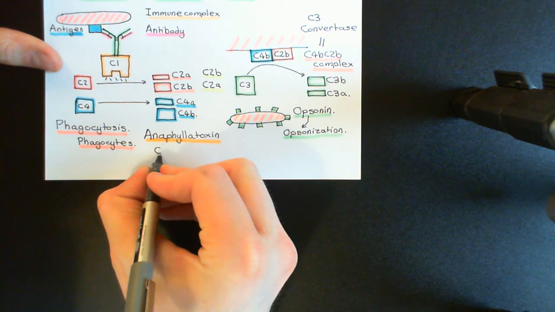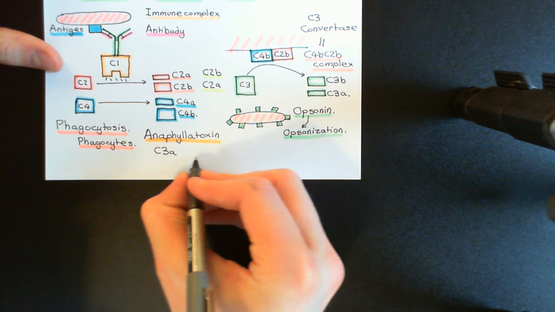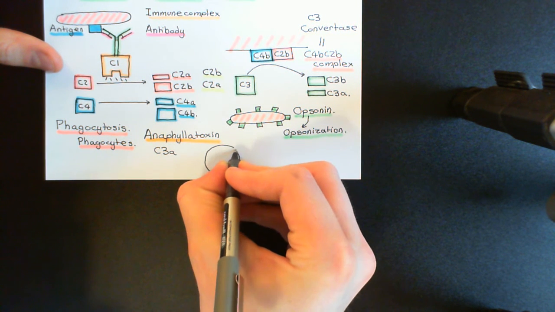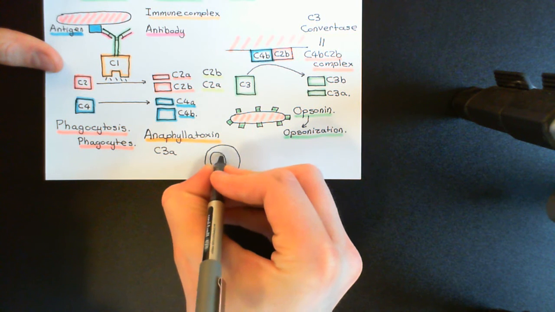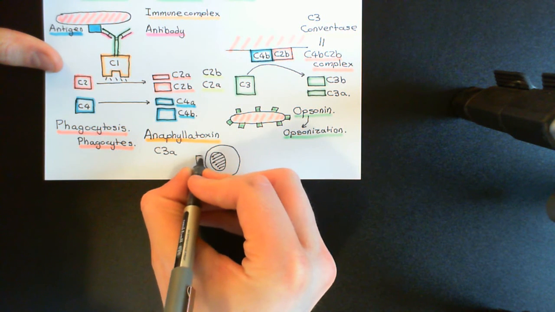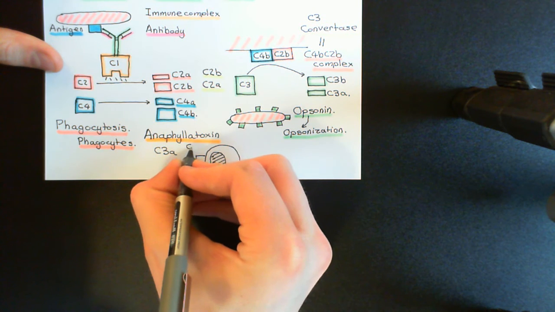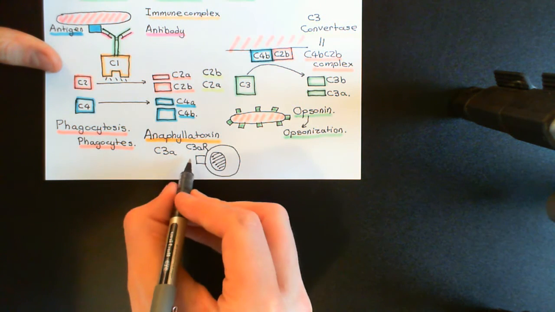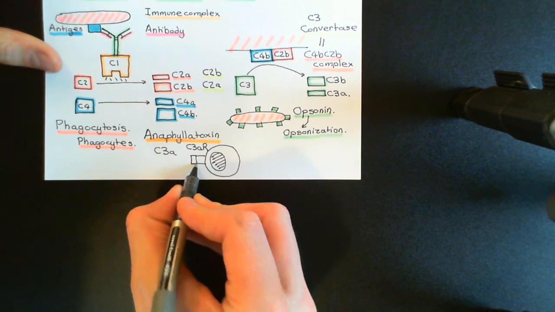So C3a is going to go and bind to receptors specifically on mast cells. I'll draw my mast cell here. The mast cell will have a receptor known as the C3a receptor on its surface, which I'll just draw as this blob here. The C3aR is meant to represent the C3a receptor.